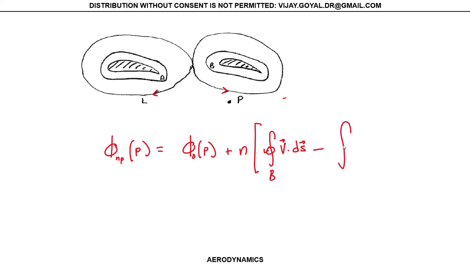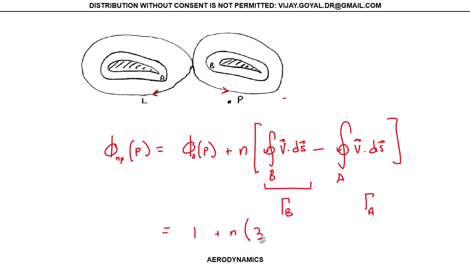So this will be A dot ds. So this is at A, this is dot ds. And if you realize, this is nothing else than your circulation, and this is nothing else than your circulation. And the problem actually gave me values, right? So the value is 1, n, and the value here was 3. This value was 2. So the value is 1 plus n.